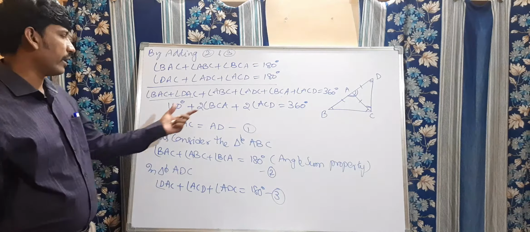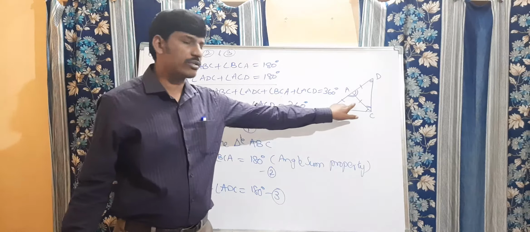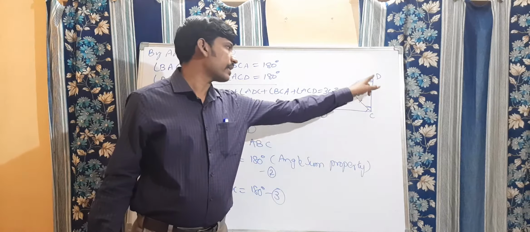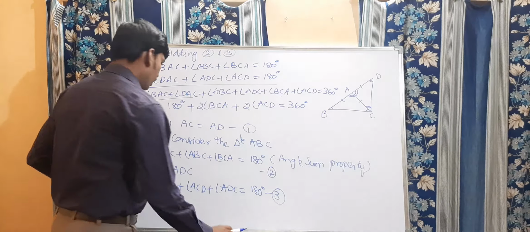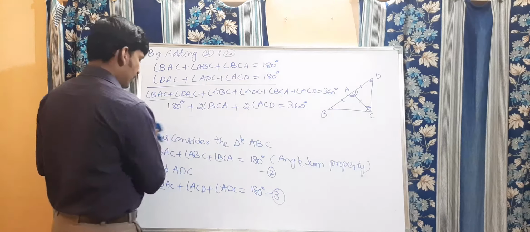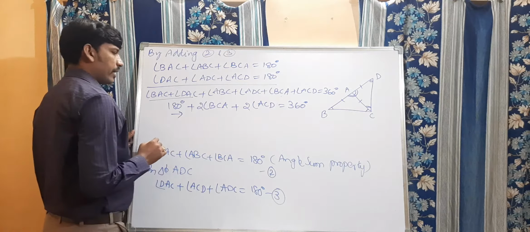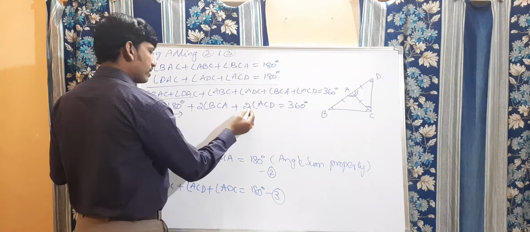Why are we equating these two? AB and BC are equal because this is an isosceles triangle, so angle B equal to angle C. And as ADC is also an isosceles triangle, angle C equal to angle D. Now I am going to transpose this 180 to the right hand side. Clear? Now I am going to take 2 as common here.